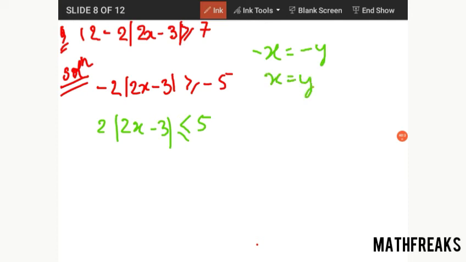But for the inequality, we have to change the sign. Correct? Now, after changing the sign, we get mod of 2x minus 3 is less than or equal to 5 by 2. Now how will you solve it?